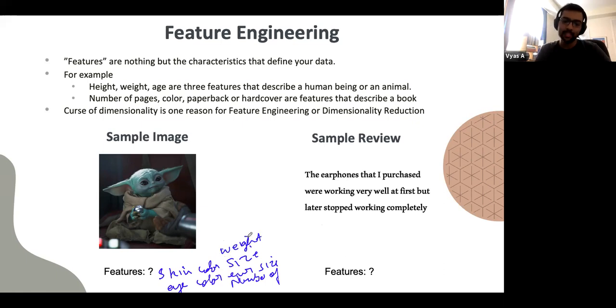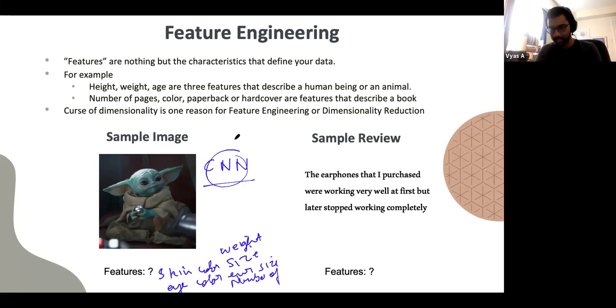But there are techniques. The most popularly used algorithm for extracting features out of images is called convolutional neural networks. We will discuss that later, but CNNs are very good at extracting features.